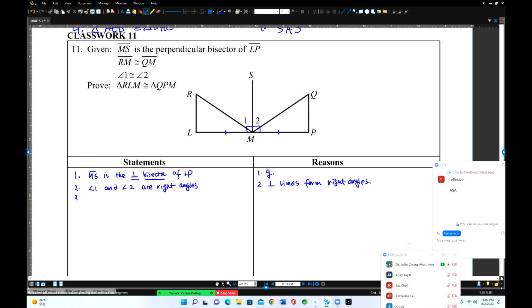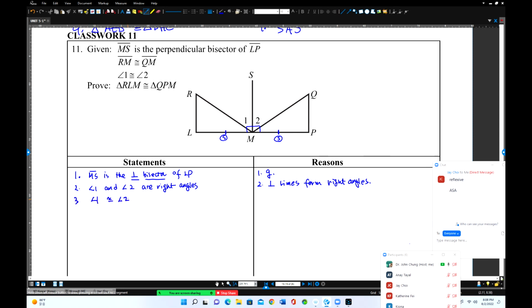One more, bisector. That is a segment bisector, right? From this bisector, we can say LM congruent to MP. Two sides are equal. But before that, I'm going to finish this one first. Angle 1 congruent to angle 2?